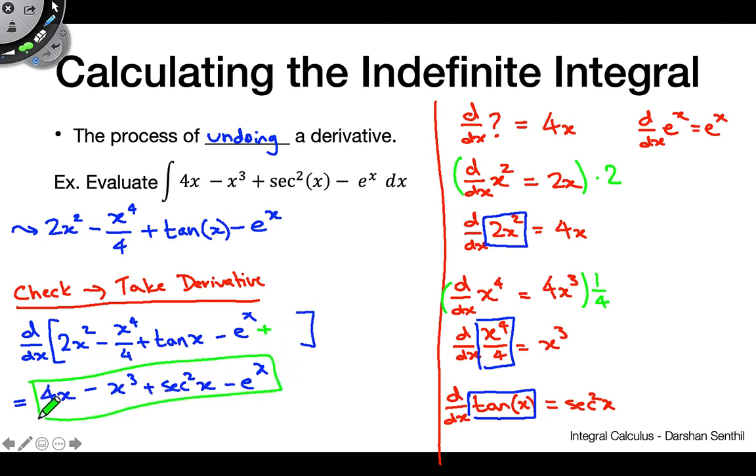And that's why we need to have one more little component in here, and that is a plus c in our antiderivative, right? Because that plus c tells us that we could have any constant here and this equation will still satisfy this antiderivative thing here, right? If I take this derivative, it will still give me this original thing.